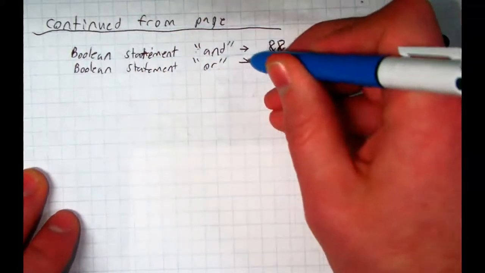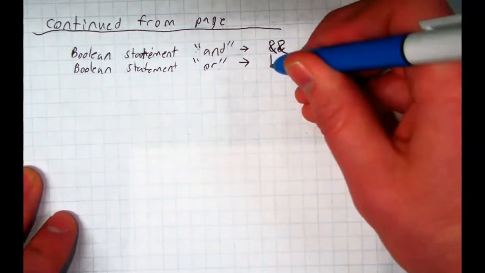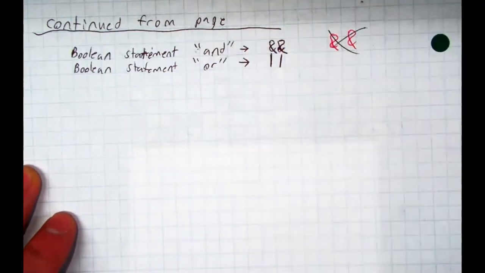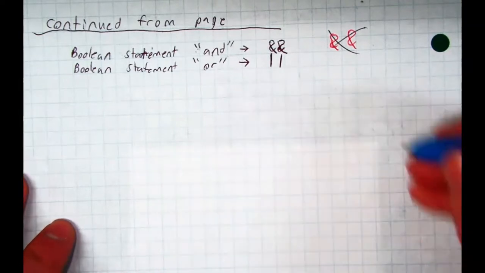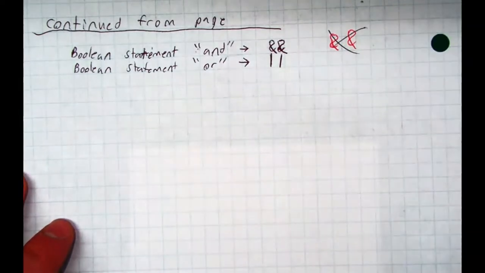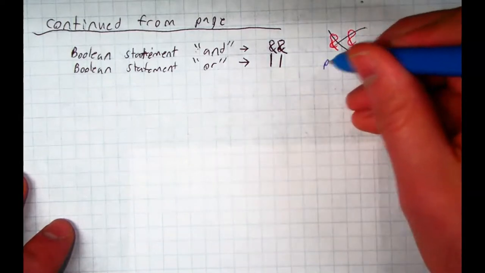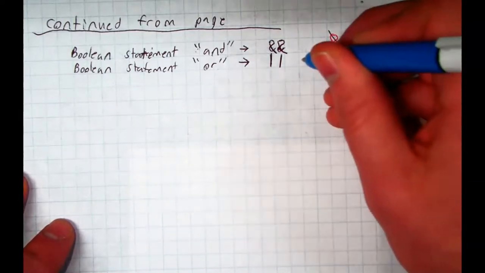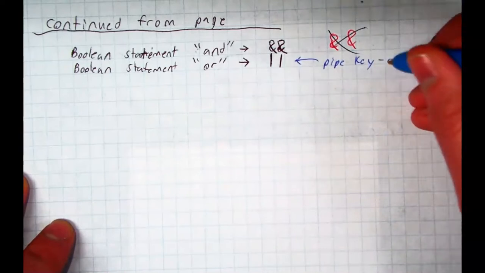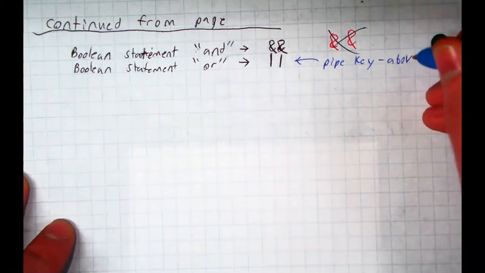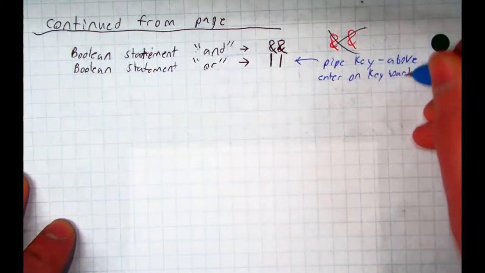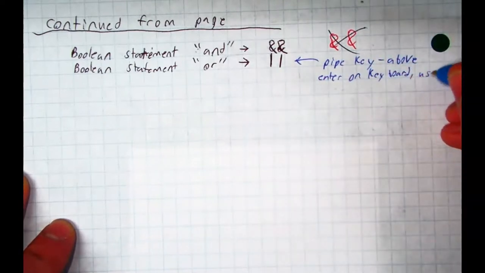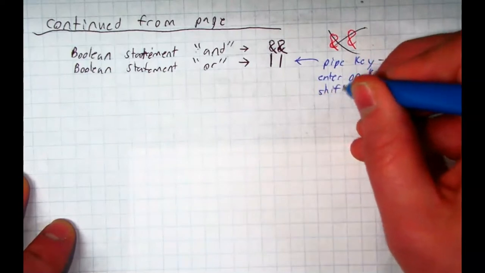There's a similar thing for the Boolean statement for or. You're just going to draw it as two vertical lines. Those aren't L's, those aren't I's. These are known as our pipe keys. The pipe key is above your enter button on your keyboard. You use the shift button to operate it.